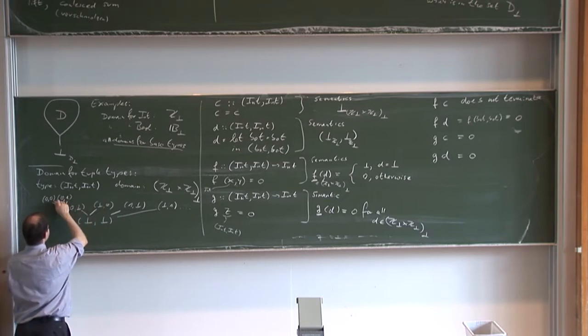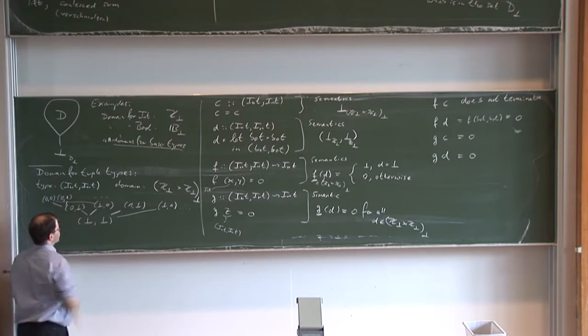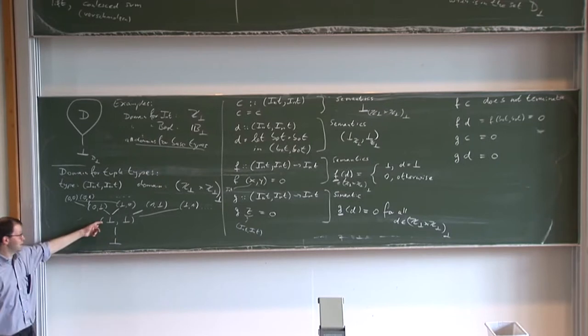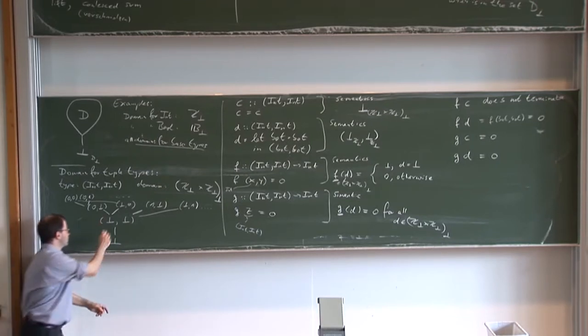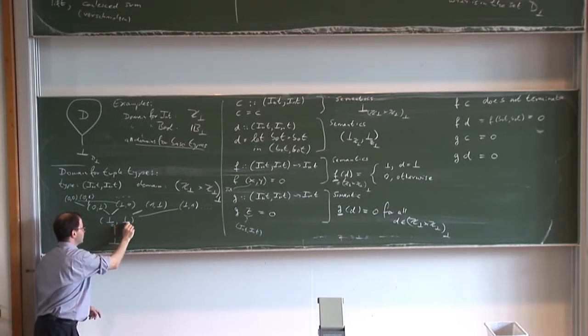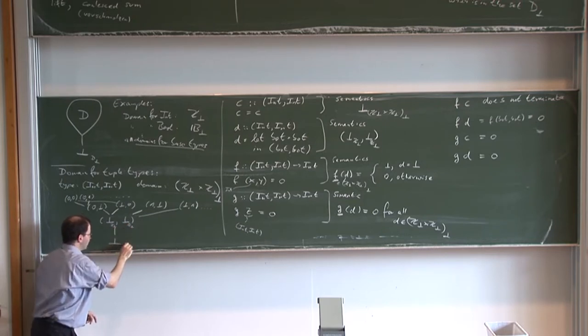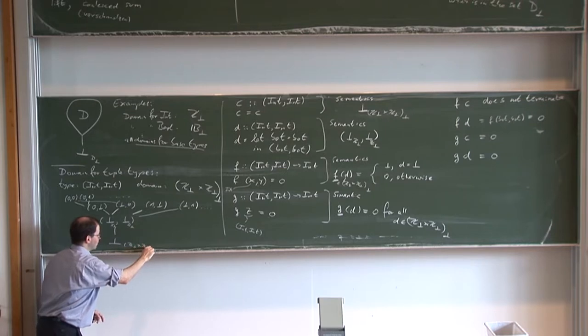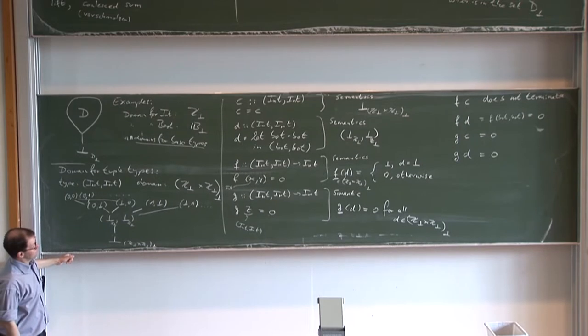Or here we have this 0, 0 is also smaller than bottom 0, and so on. And now we have one more element which is even smaller than this. So this is the bottom element of Z bottom, and this is the bottom element of this new domain Z bottom cross Z bottom lifted.